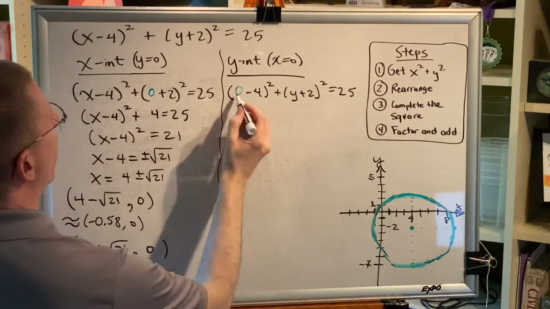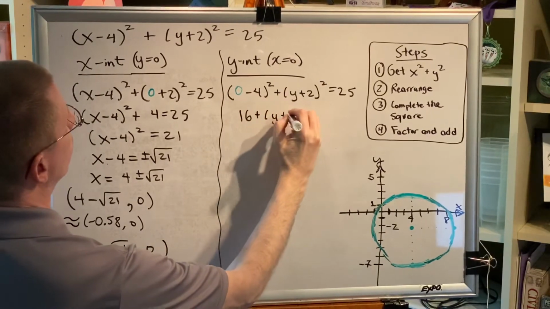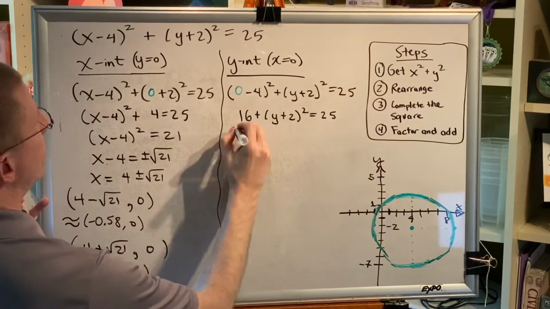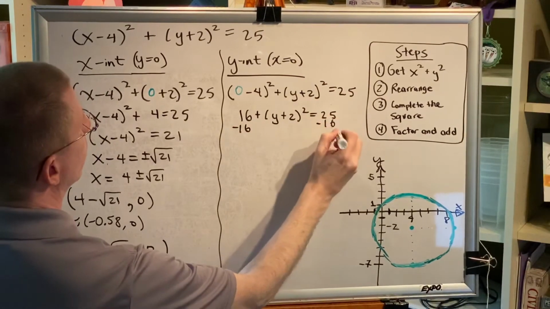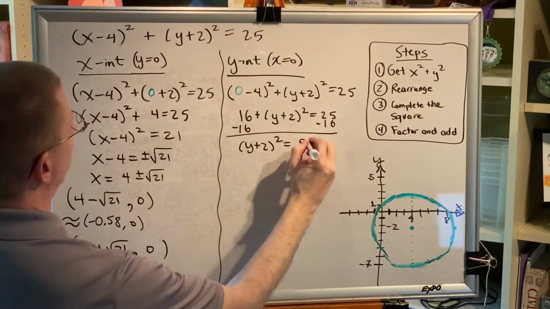All right, 0 minus 4 is negative 4, and when you square it, you get 16. Subtract 16 on both sides. (y + 2)² = 9.